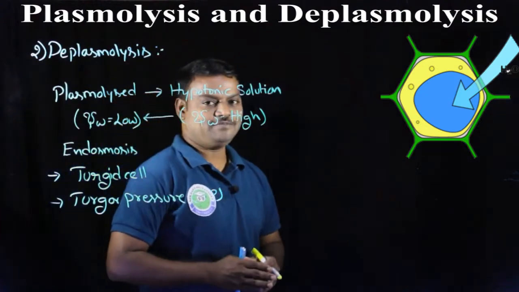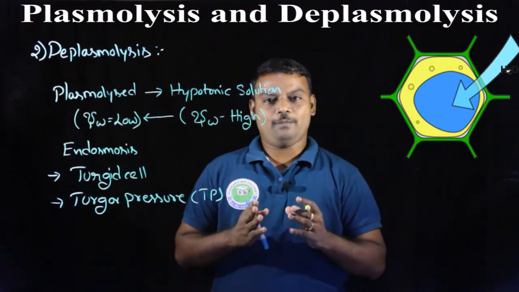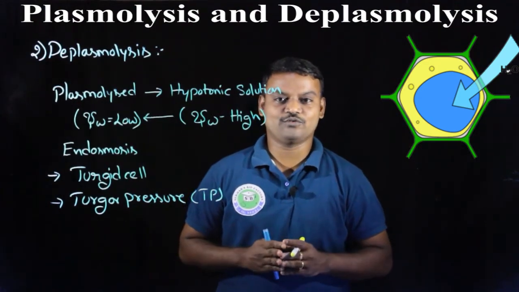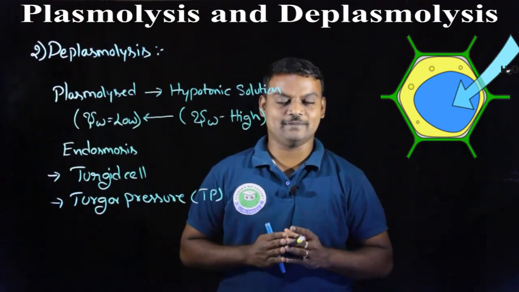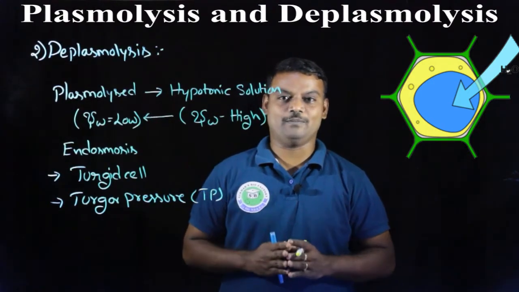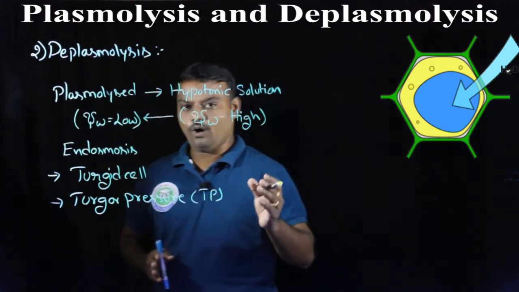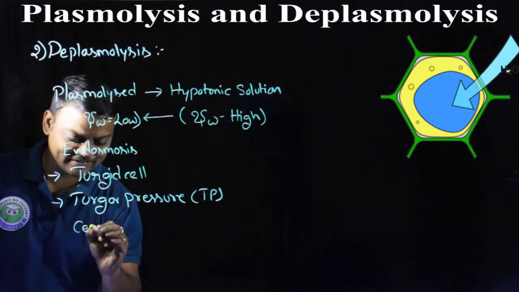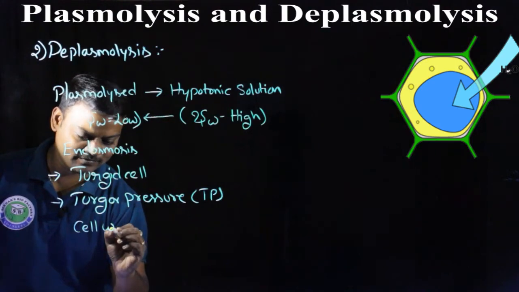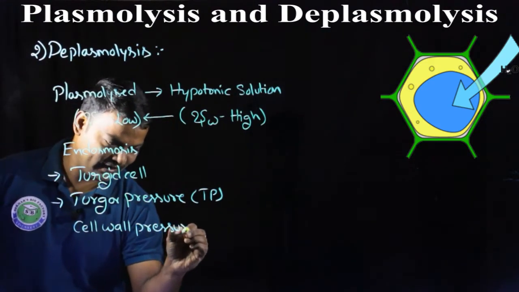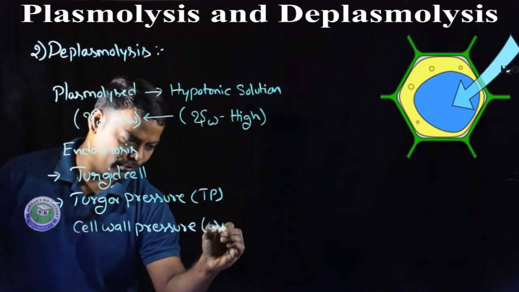In this turgid cell, the wall present around the cell also creates some pressure on the protoplasm, and protects the cell from bursting. The pressure the wall creates on the protoplasm is considered wall pressure, cell wall pressure, and it is denoted with Wp.